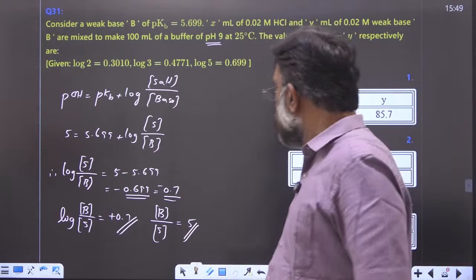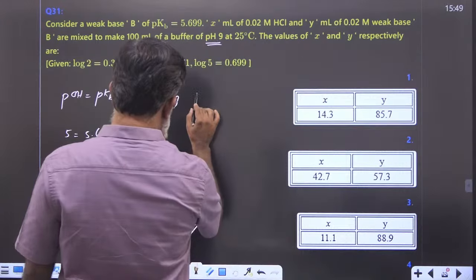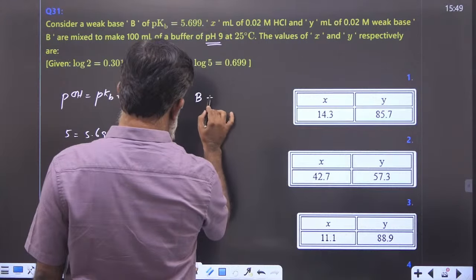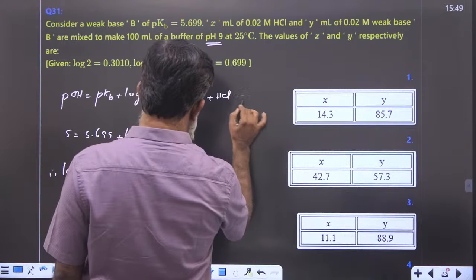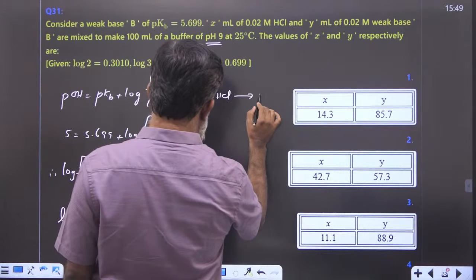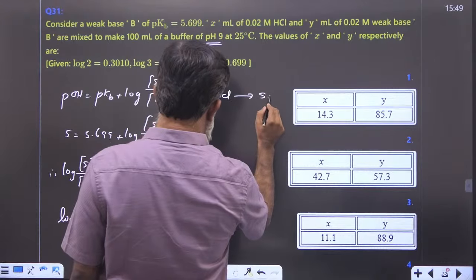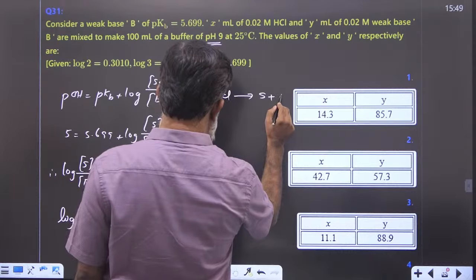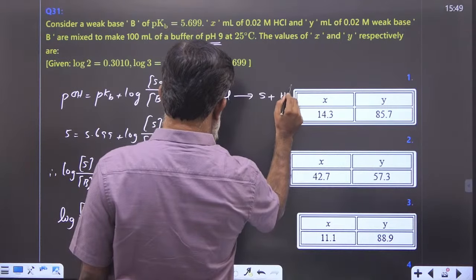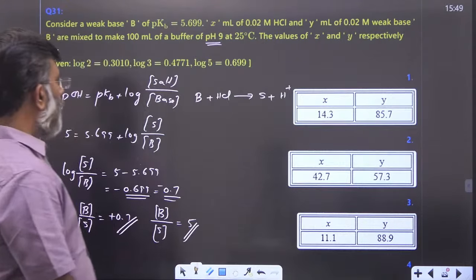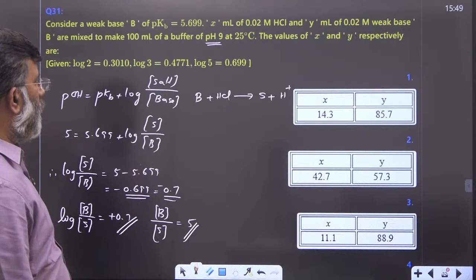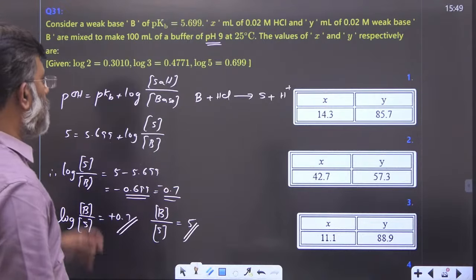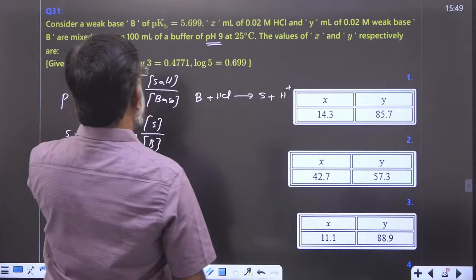Now look at the reaction. The base plus HCl, you get a salt plus H plus. Now let's see.